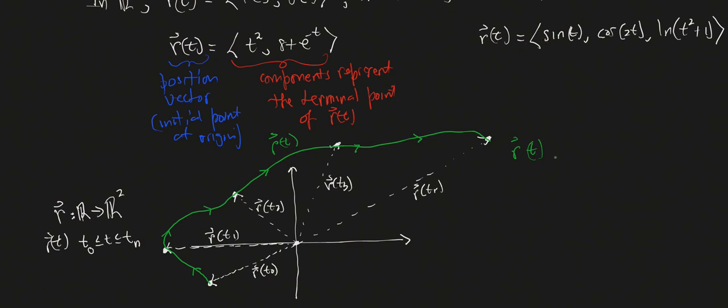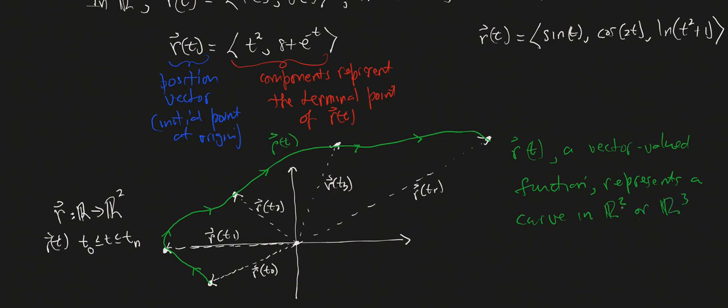So r of t, a vector valued function, represents a curve either in R2 or R3.